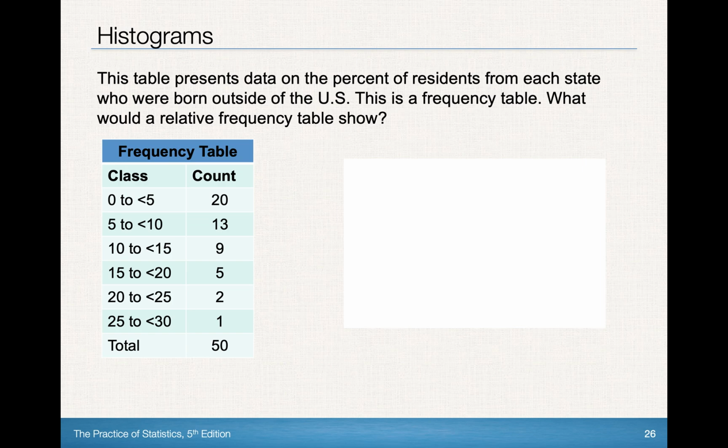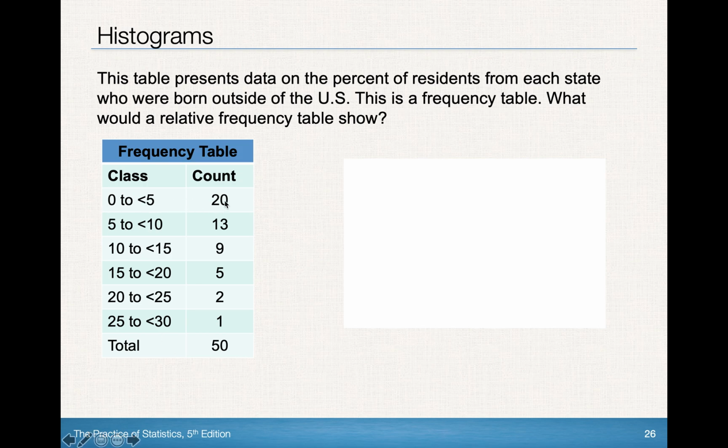So let's look. Here is a frequency table. And this table represents the percent of residents from each state who were born outside of the U.S. So it's a frequency table. So that means that here it says 0 to 5.